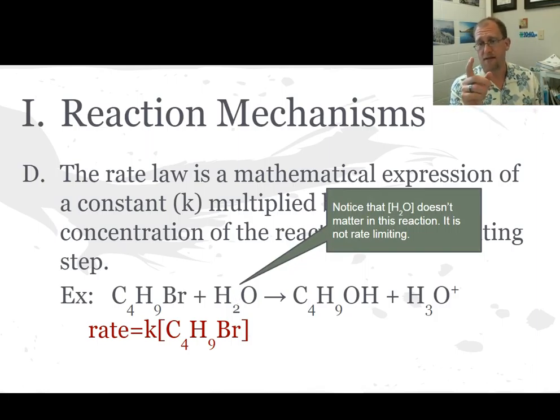Its rate step does not control the rate of the reaction. The ionization of water happens instantaneously, and what we're waiting on is the theft of the hydroxide from the water group. Okay, so the concentration of this is the only thing that matters that controls the rate of the reaction.